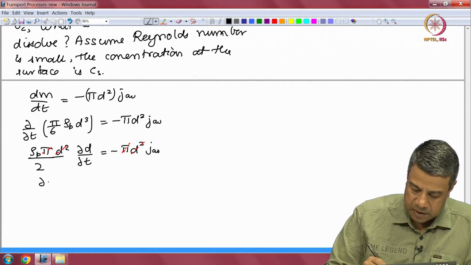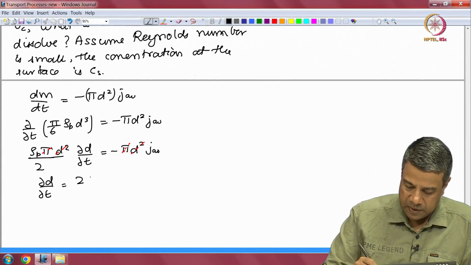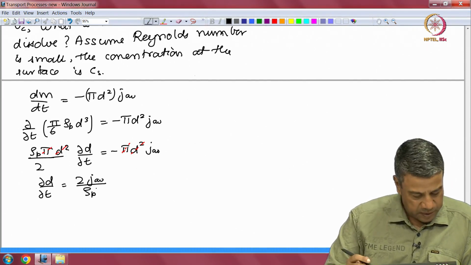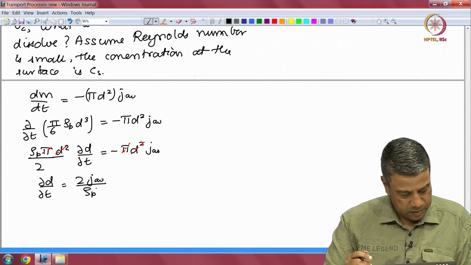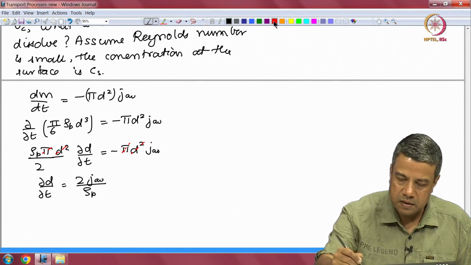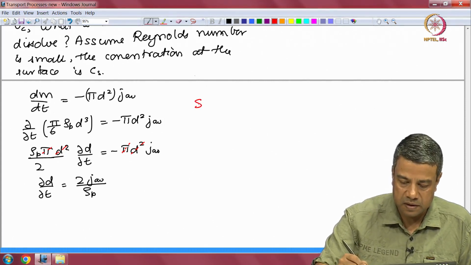Okay. Partial d by partial t is equal to 2 J average by rho p. Now I use the Sherwood number definition.